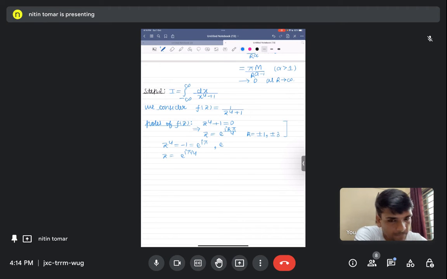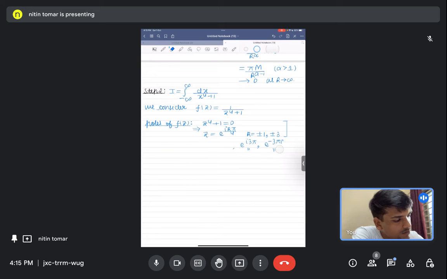Is this correct now? Yes, sir. Because if this is also a root, then e^(3 pi i by 4) is also there, and e^(minus 3 pi i by 4) is also there. Darshana, now you agree? All of this has value minus 1, right? Yes, sir. So this step is clear.